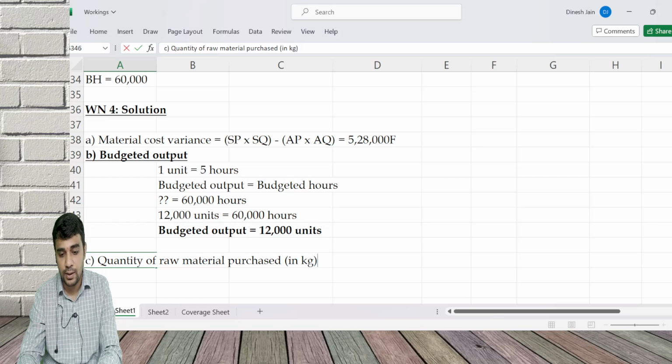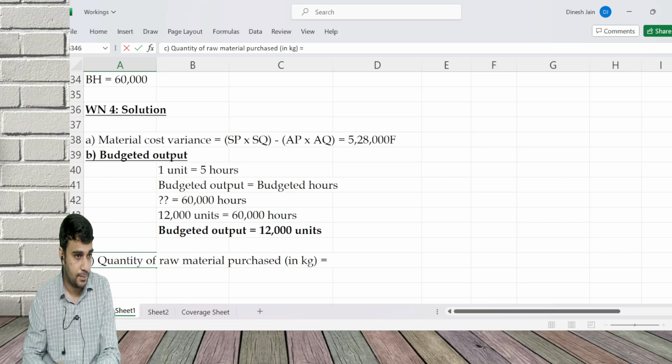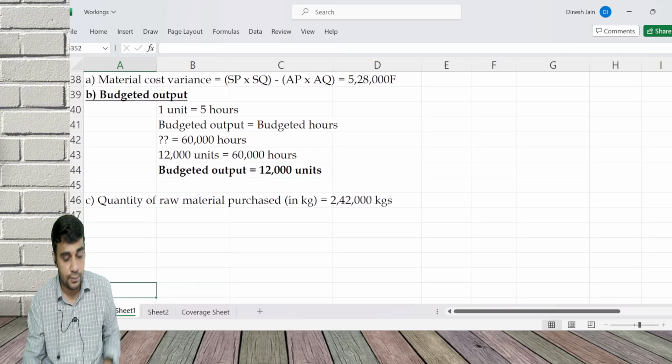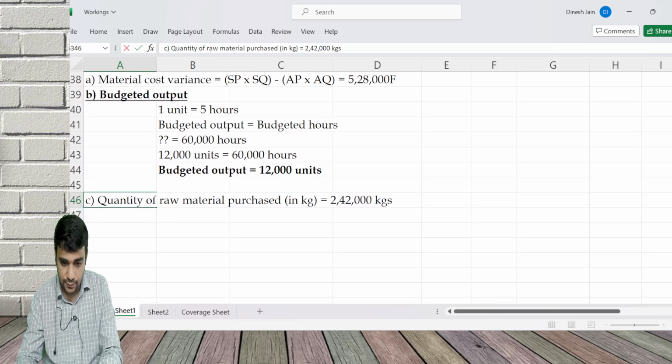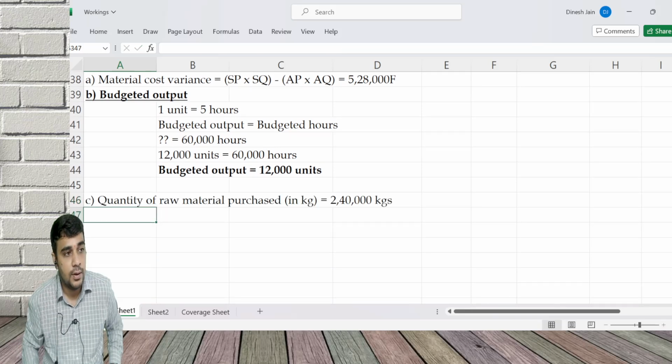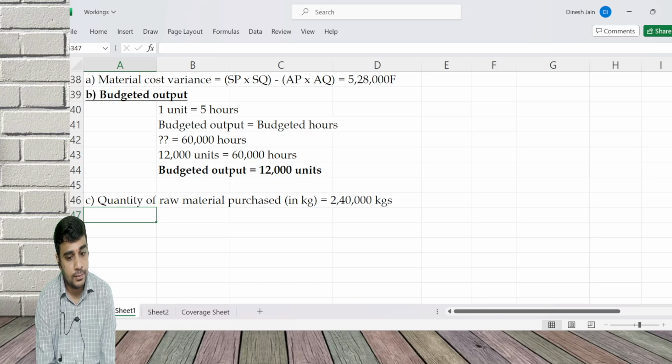How much is the quantity of raw material purchased? 2,40,000 kgs. Any doubts on this? What's the next requirement?